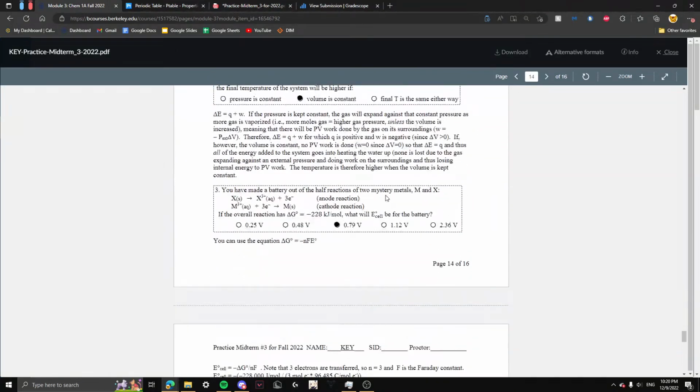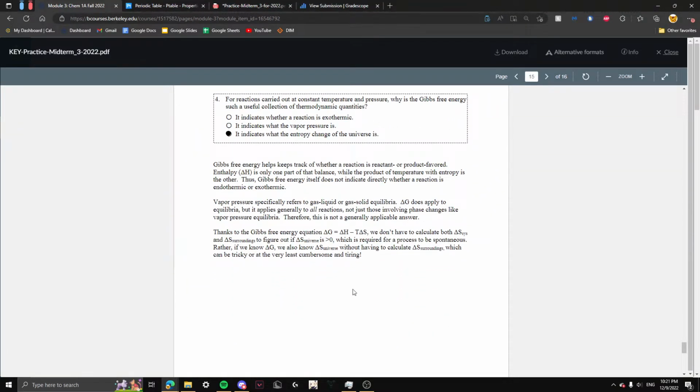Where is it? Here. So, pretty much, it keeps track. Well, yes, delta G won't tell us whether or not a reaction is endothermic purely because that's entirely based on your delta S value as well, right? So if delta G is positive or negative, we're not sure because depending on the size and magnitude of temperature or whatever, we're not 100% sure on whether or not it's exothermic.